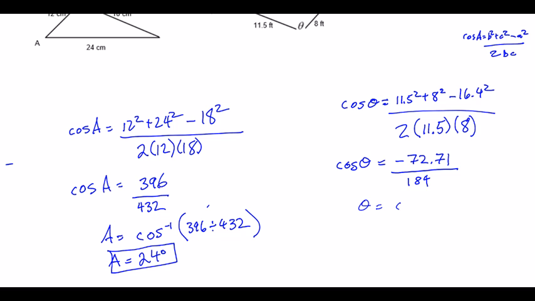Theta equals cosine inverse of negative 72.71 divided by 184. And you'll notice I put all of that in brackets, and we get the following answer. We end up with theta equaling 113 degrees.